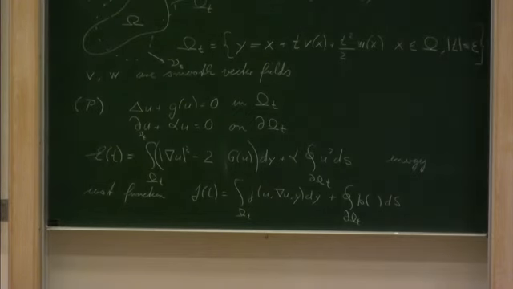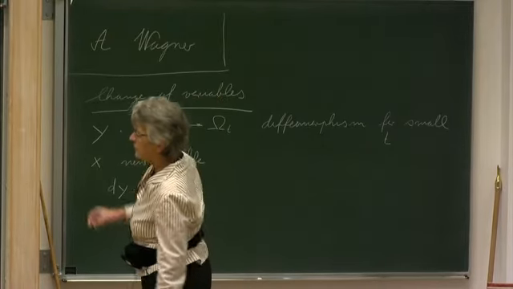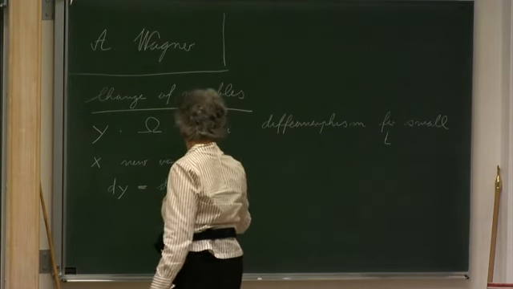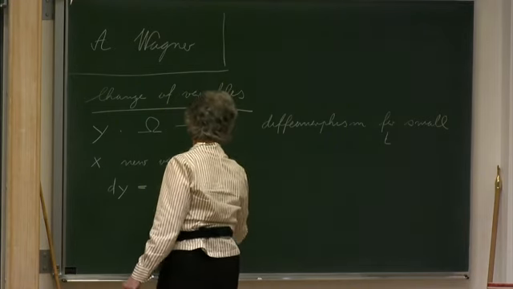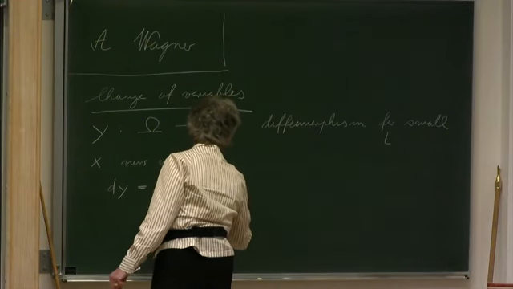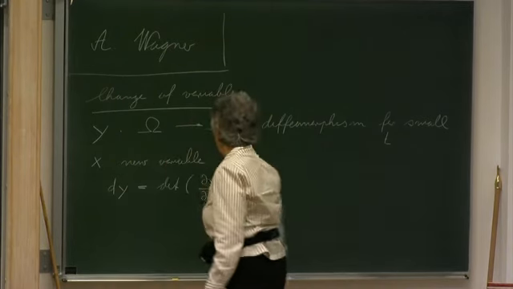This is the area element, and dy is just the determinant of the Jacobian, dy/dx.